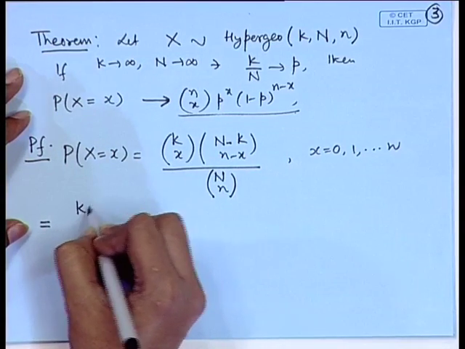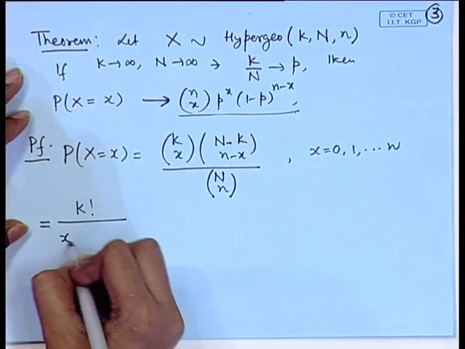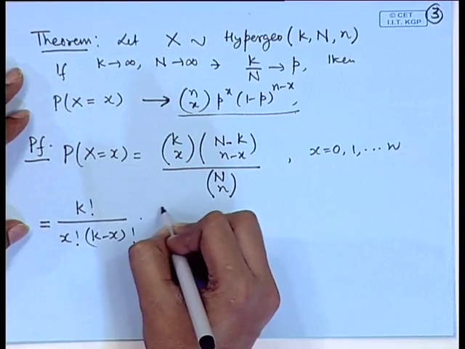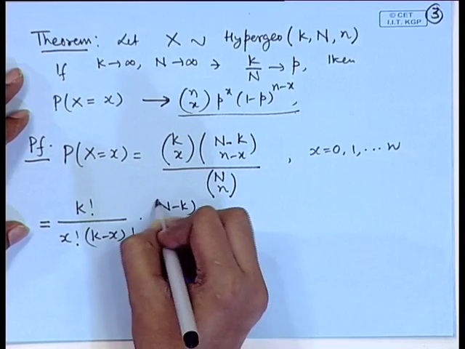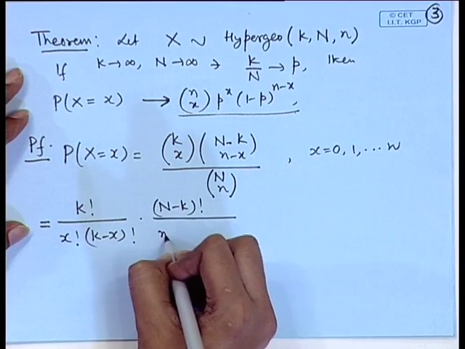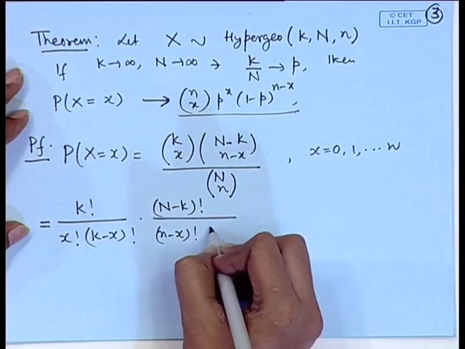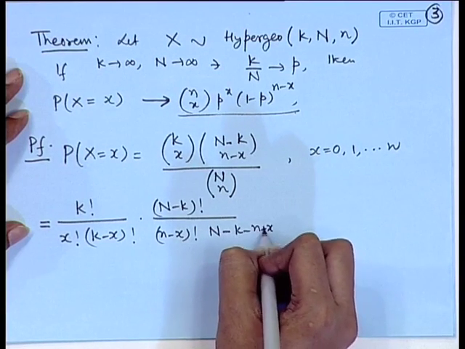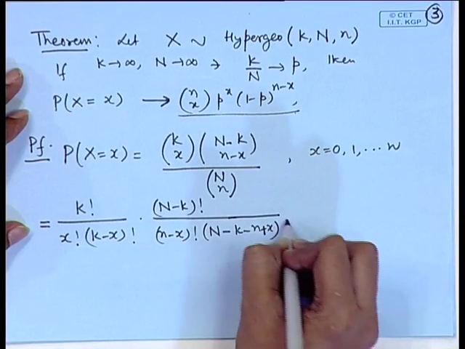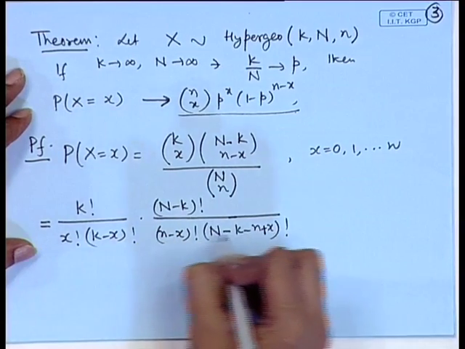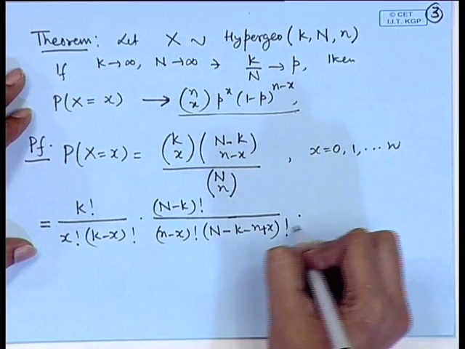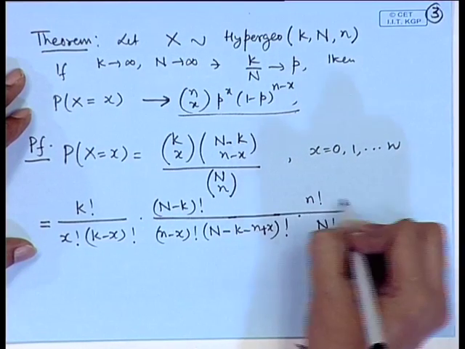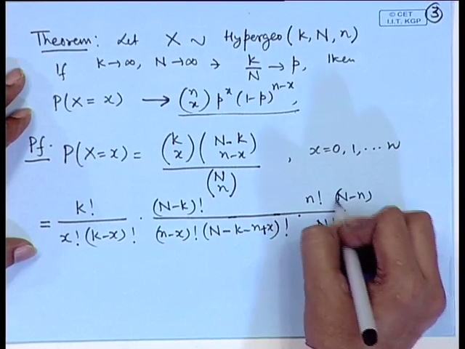It is equal to k factorial divided by x factorial, (k minus x) factorial, (N minus k) factorial divided by (n minus x) factorial, (N minus k minus n plus x) factorial, divided by N C n. So, this is N factorial divided by n factorial, (N minus n) factorial.